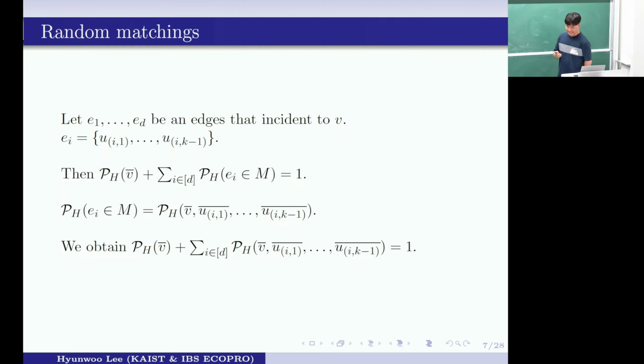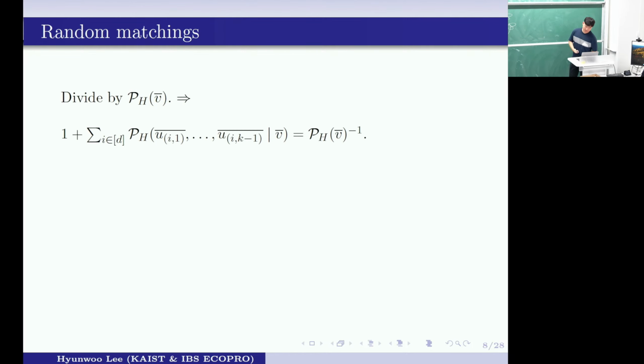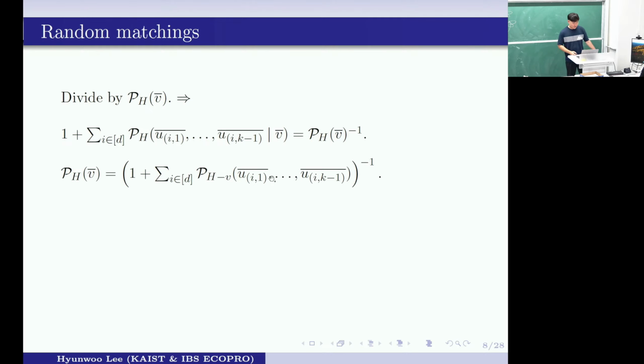Okay, so now we divide this formula by this number. Then by the definition of conditional probability, we have this identity. This is just taking the inverse of this formula. Now we may use the mutual independence condition.